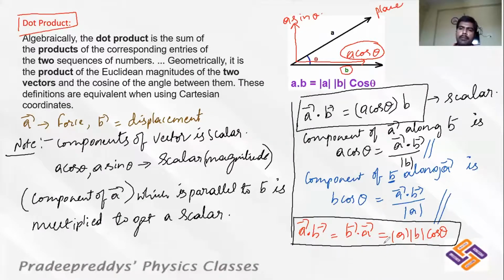A bar dot b bar or b bar dot a bar is a scalar quantity because it is not represented with any direction. Therefore, you finally get magnitude of a, magnitude of b and cos theta, all of which are scalars. So a dot b or b dot a gives you the same result because it is just a number.